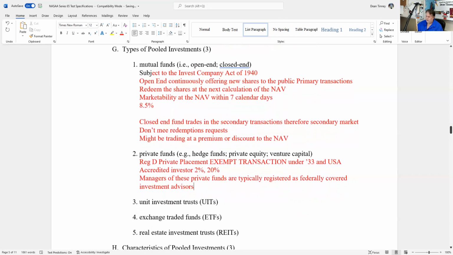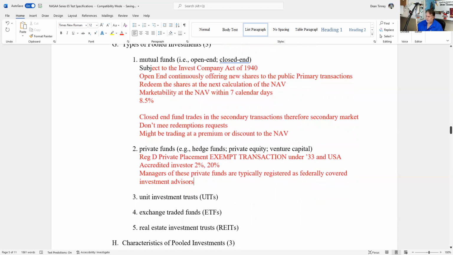But private equity funds typically take public companies private, fix them up and then sell them to either a strategic buyer, or they take them public again when they can get a higher valuation. So private equity typically is buying ongoing business enterprises, and venture capital is typically making early stage investments in companies. So hedge funds are active in the secondary markets. Private equity and venture capital are primarily involved in, again, the primary market.